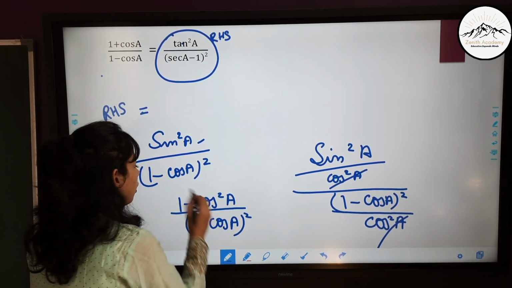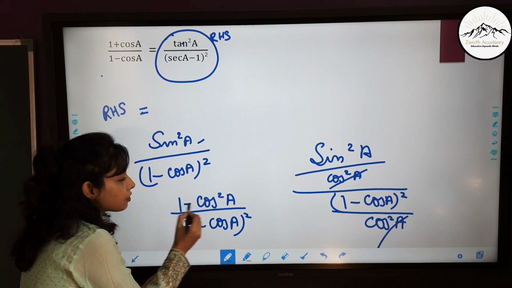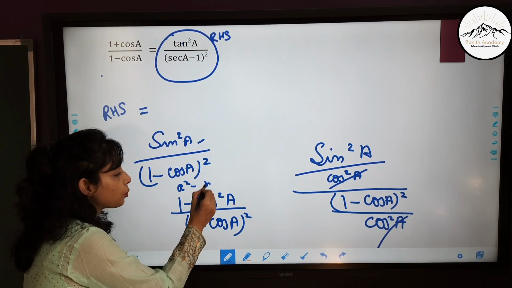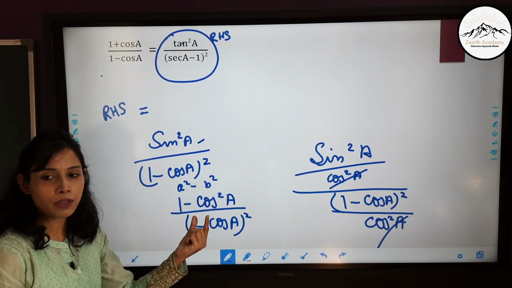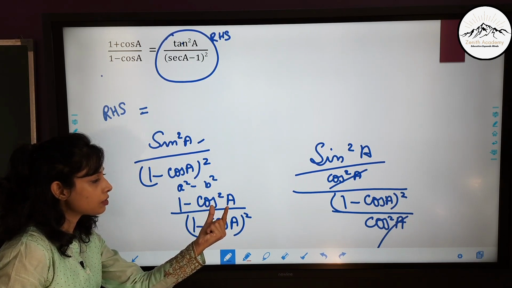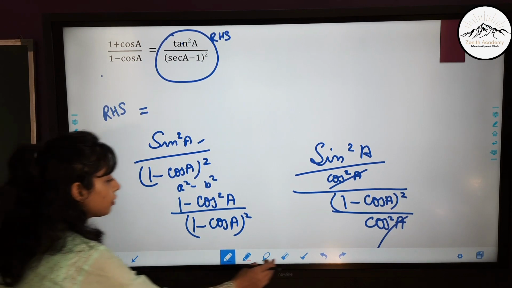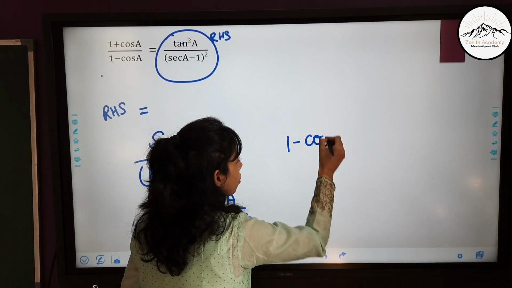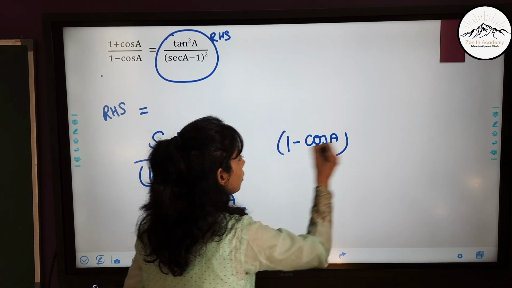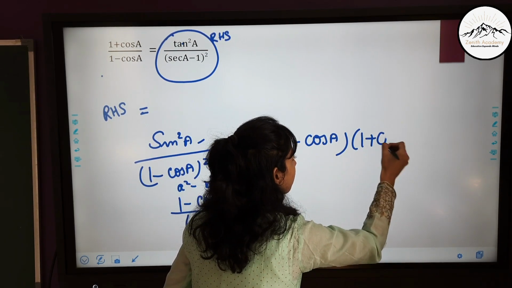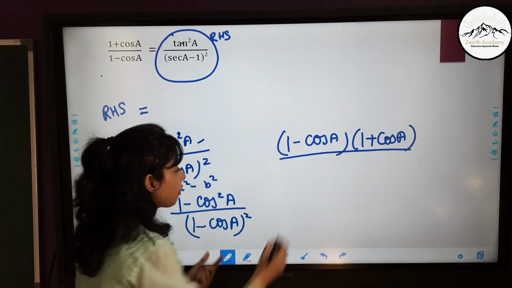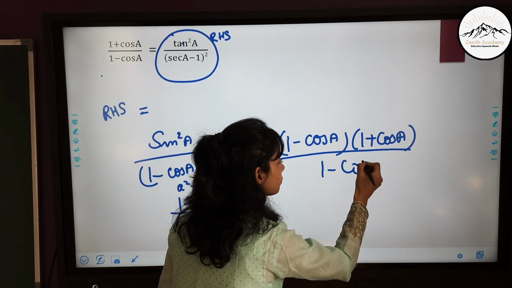Now this is 1 minus cos square A, which is A square minus B square, with 1 square being 1 only. So by the property, (1 minus cos A) into (1 plus cos A) upon (1 minus cos A) whole square.